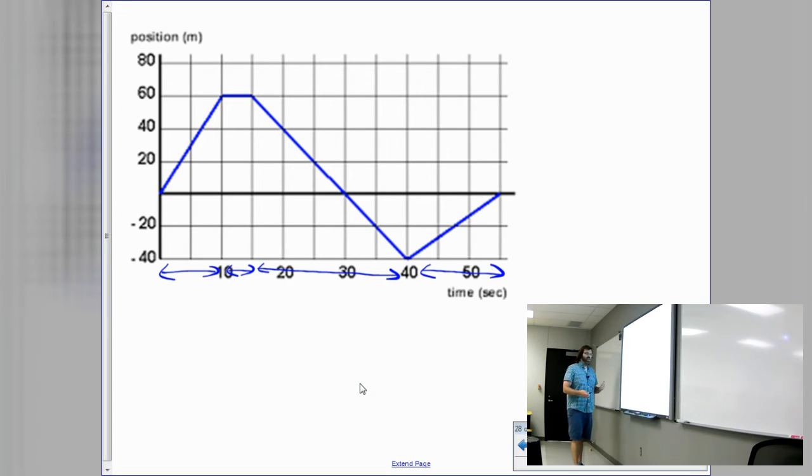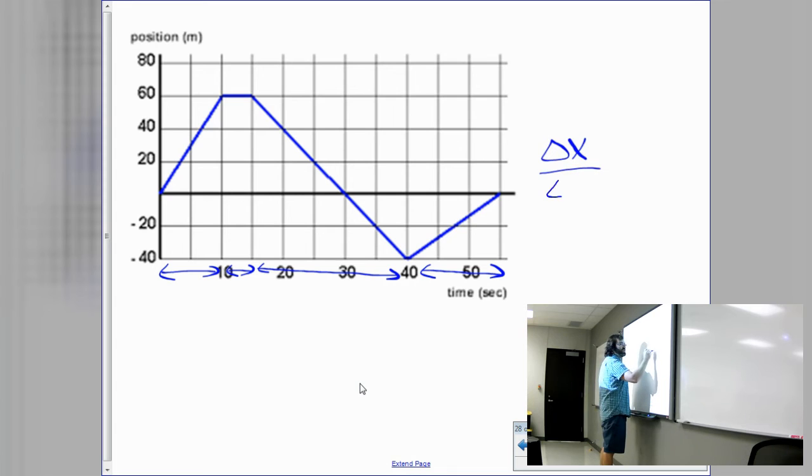So if we were trying to figure out the velocity of this object over the 55 seconds that it was moving, that would actually be very simple, because velocity is your change in position over your change in time, your displacement over the time. Well, what is the displacement? Delta x over delta t. The displacement is 0.